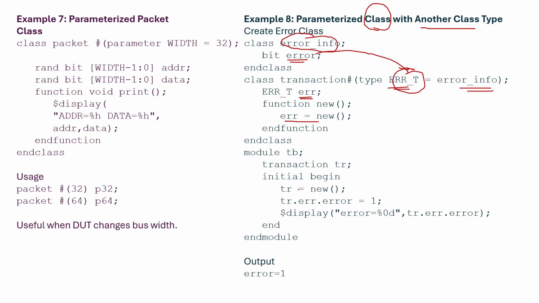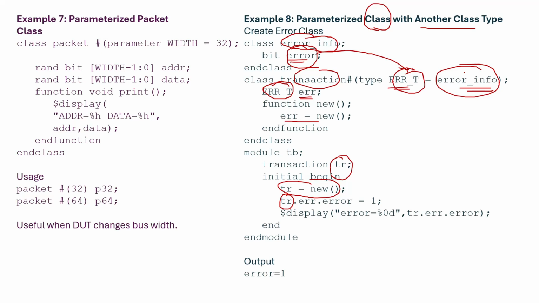So how are we calling the data? Transaction dot, transaction class is this class. I want to call this error, so how can I call that? Why are you taking this error t? Error t represents that error info. Directly I am not assigning the class name, I am utilizing the type parameter, and based on the type parameter I am assigning my class name.